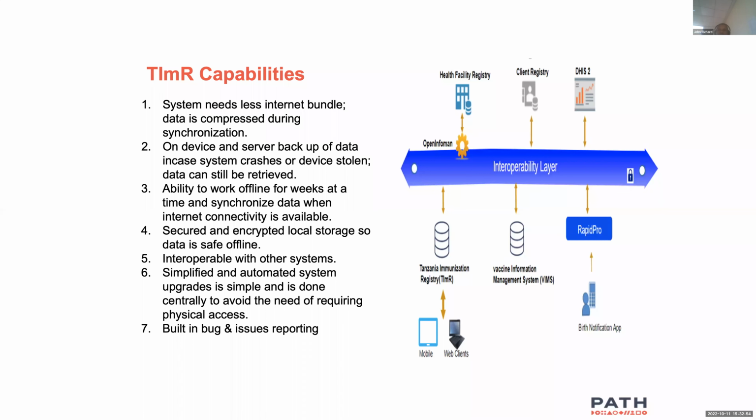We have utilized existing integration standards like FHIR, as I said before. So the system can seamlessly and securely exchange data with any other solution. And currently it's integrated with VIMS, DHIS2, and the health facility registry. Next slide, please.